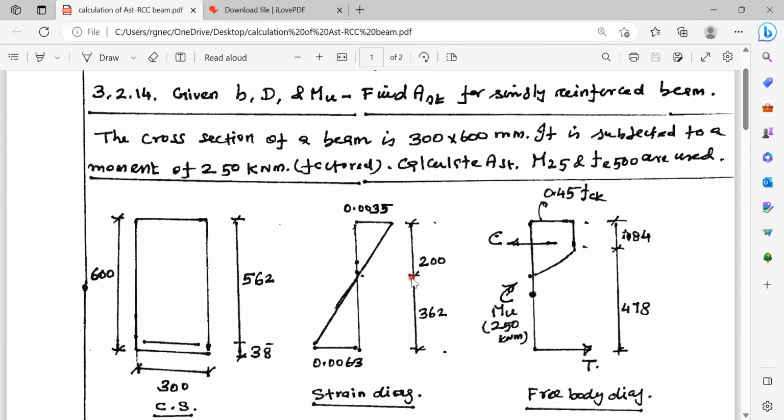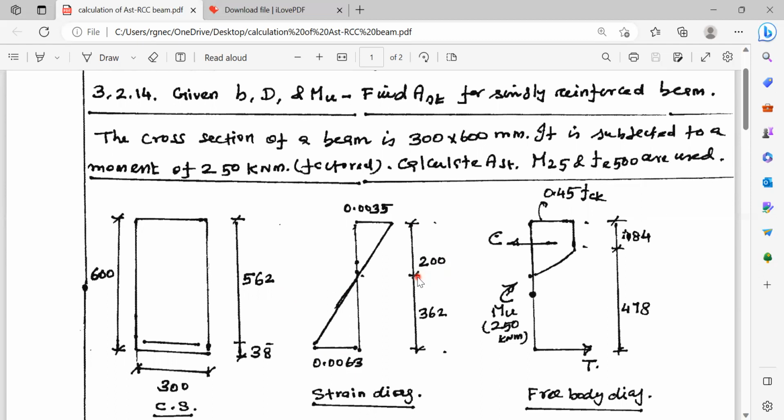The other option is you can always check whether this 200 mm exceeds the depth of the balanced section, that is equal to 0.46 times effective depth. 562 into 0.46 will be higher than this value of 200 mm. Therefore, we have not exceeded the limit specified for the neutral axis.